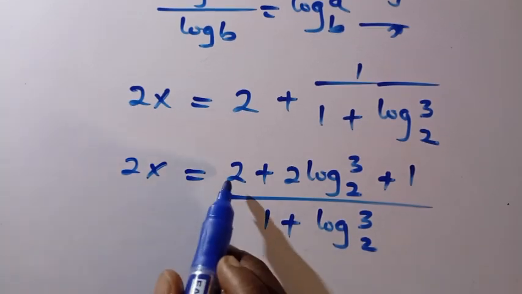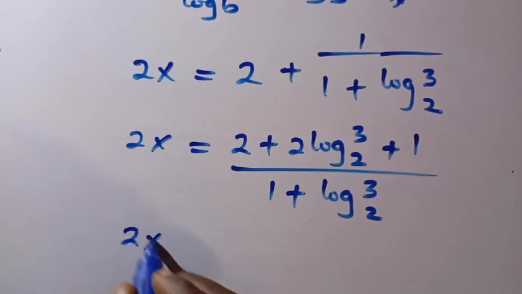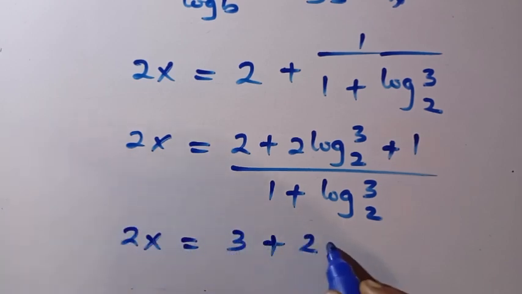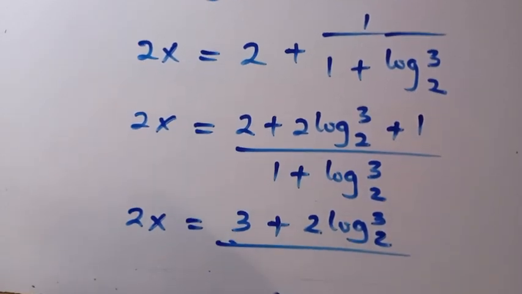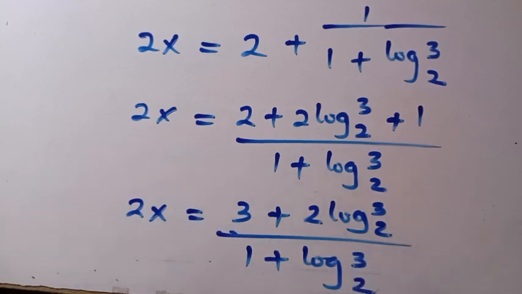Then 2 plus 1 gives us 3. So we have 2x equals 3 plus 2 log 3 base 2 divided by 1 plus log 3 base 2.